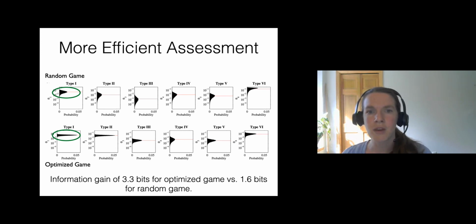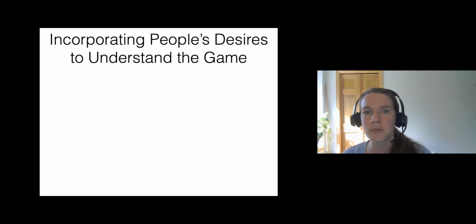We also in this looked at incorporating people's desires to understand the game. We saw there were some systematic ways in which people seemed to vary from what we expected. They might take actions that seemed like they had really possibly terrible consequences under the reward structure for the game, but they were systematically doing them. And we realized that we could try to think about what people might want to know about the game in the reward structure.